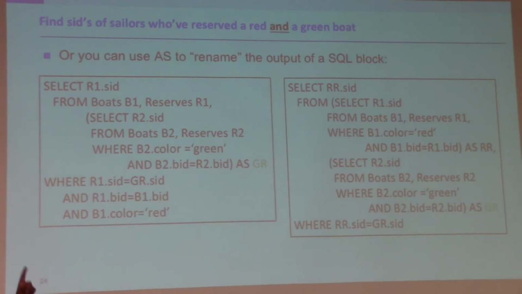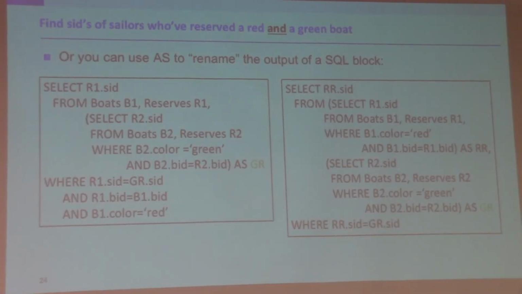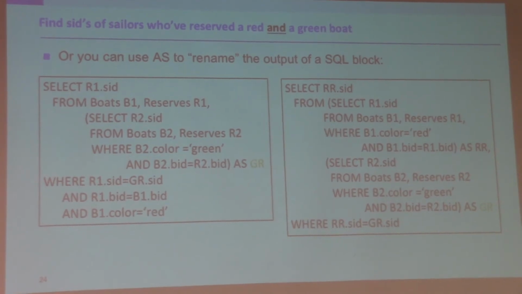And anything within parentheses must qualify as a SQL statement. Select R1.SID from this, and something as RR. So this is one of the renaming operations taking place there. This is also why renaming is actually important, creating the range variables. Okay?